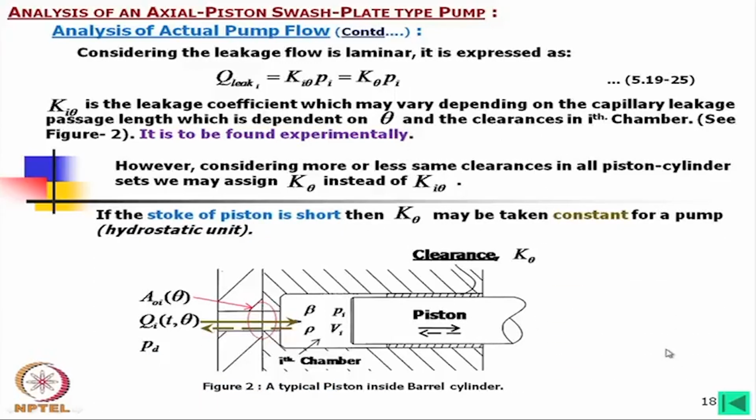Now, this k theta will again vary with the total stroke length, but if the stroke length is small, you will find there is little variation in k theta. That means for a particular type of pump we may consider k theta constant.